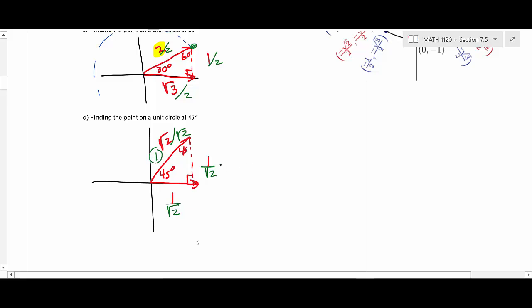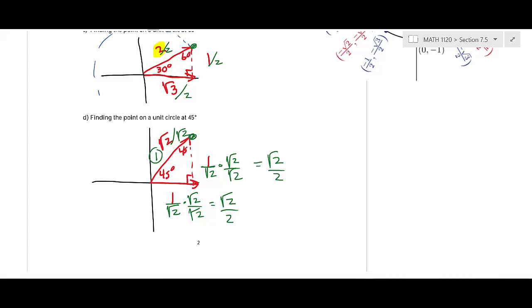And then these things are going to rationalize the denominators. Okay, so if we rationalize the denominator, you'll end up having square root of 2 over 2 there. And same thing here. If you do that, you'll have square root of 2 over 2 there. Okay, so what that means is this point, this is an x value, so you're going over that distance and up that distance. So that point is going to be root 2 over 2 comma root 2 over 2.